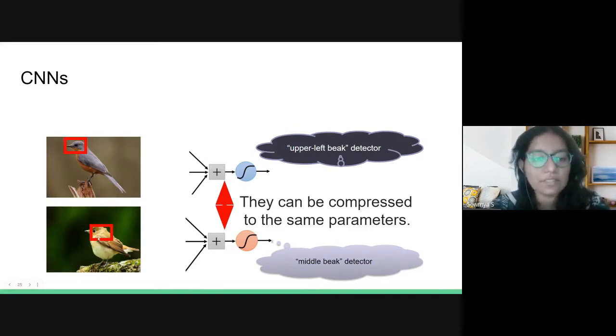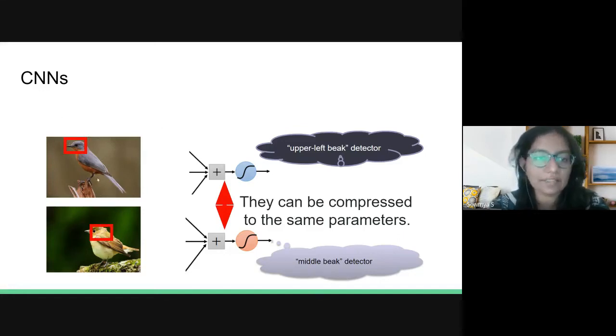All it knows is that in this pixel position there is potential useful information to differentiate that the animal is a bird. And in this portion also there is useful information. But we know that these two are similar and the weights can be shared.